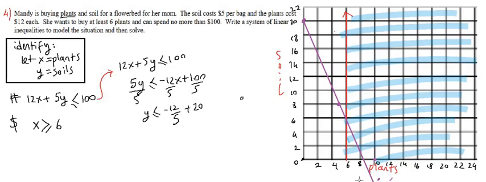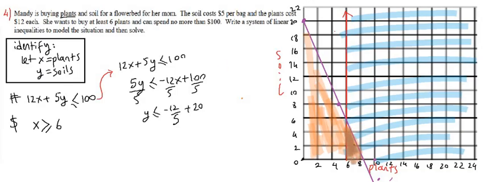Now it's going to be a solid line because it says less than or equal to, and we're going to shade below this line. So where is our double shaded region? This is our double shaded region, this little triangle here.